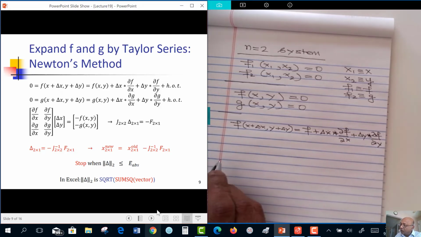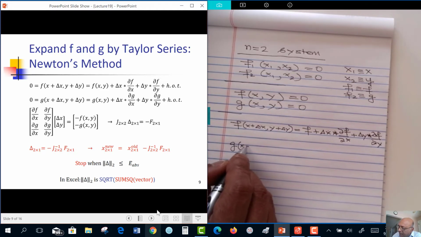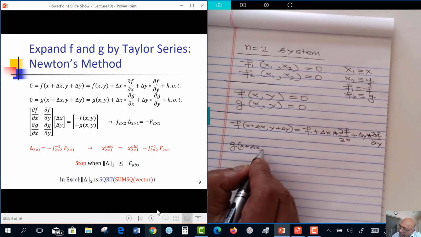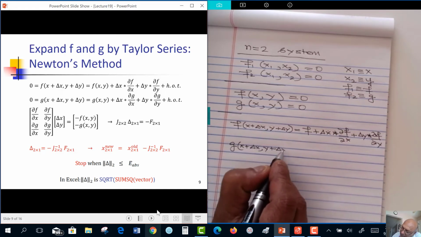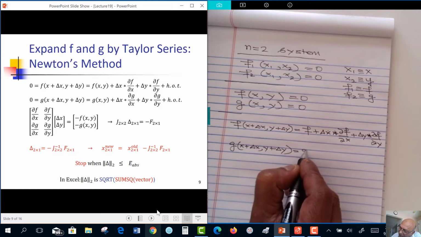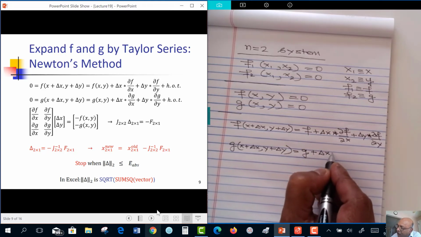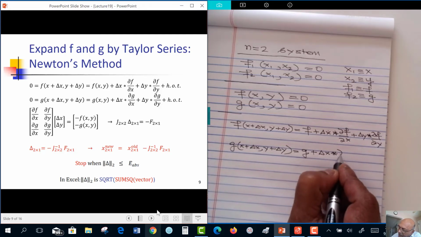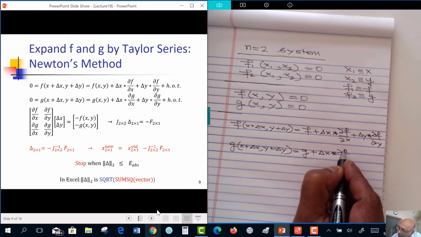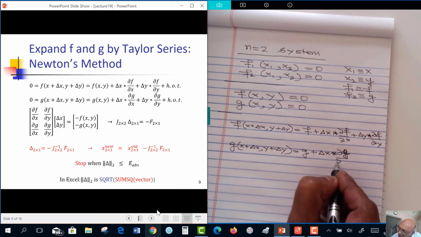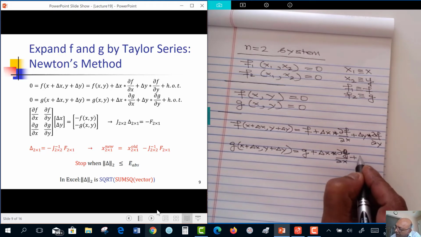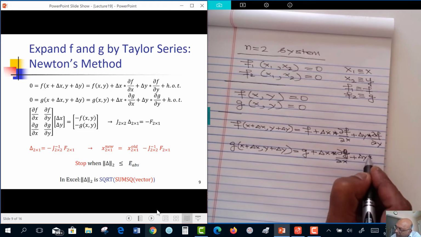And we are going to ignore higher order terms. Let's also expand g by Taylor series. So we will have g plus delta x, remember this is like h times the derivative, the function g with respect to x, plus delta y times the derivative with respect to y.